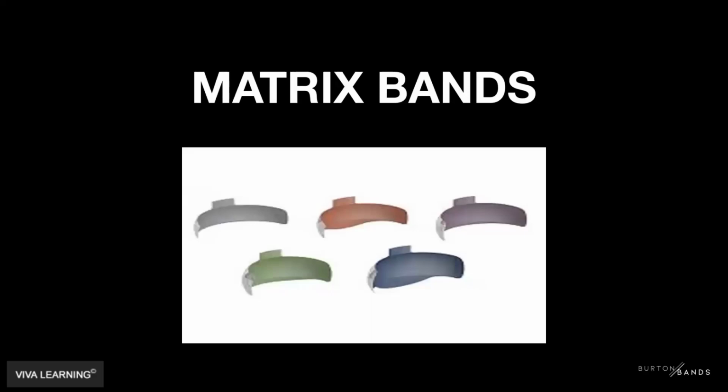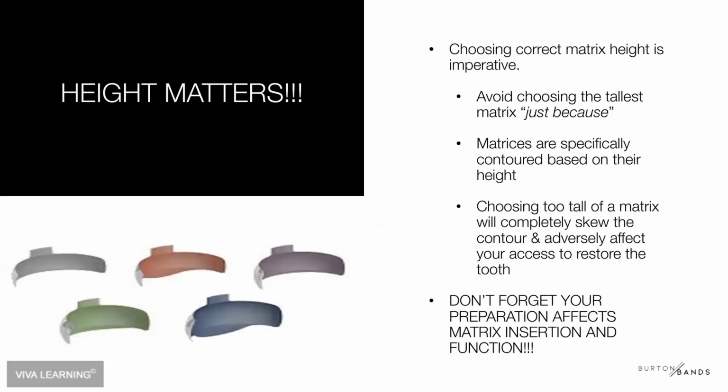So materials and rings are important, but matrix and wedge are super critical, and there's a few things that I overlooked for a long time. And until I discovered this, things were challenging for unknown reasons, in unknown cases, and I would be scratching my head. So I'm just going to go over a few things on matrix bands. I could probably talk an entire hour about this, but we're just going to gently breeze through this.